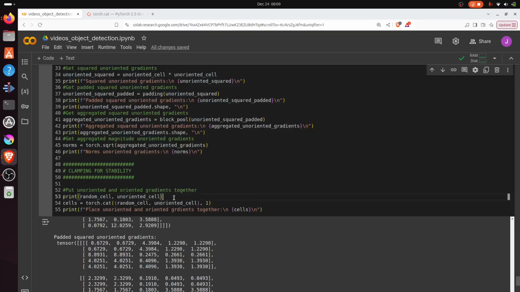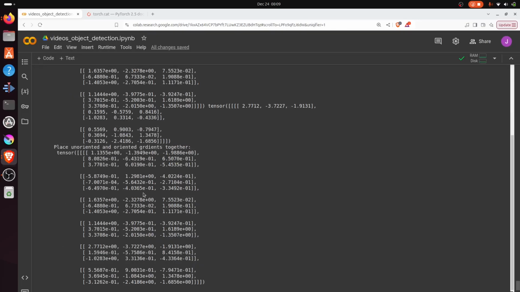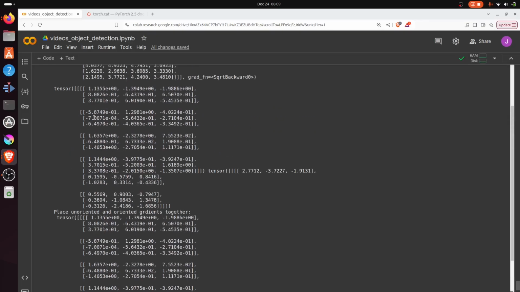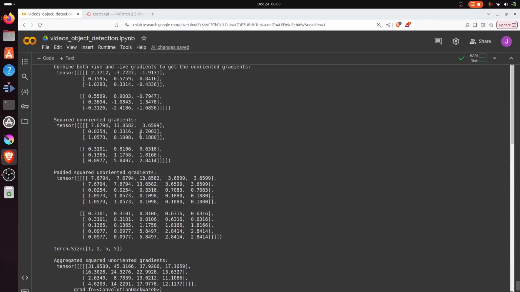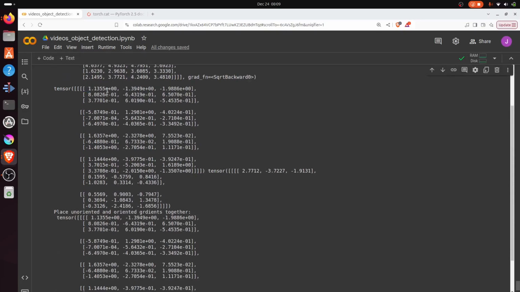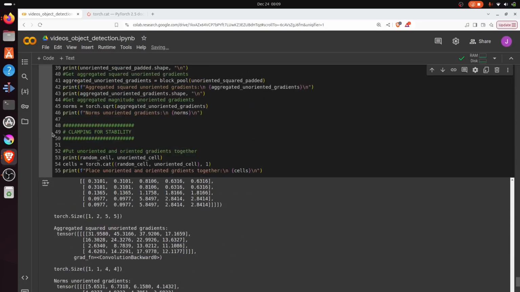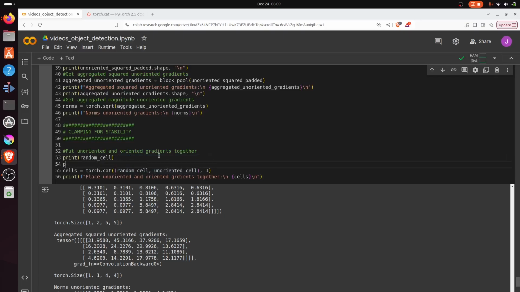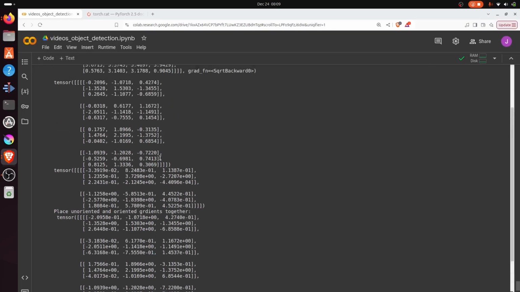Okay, so as you can see, remember that the numbers keep changing because we are dealing with a random tensor. So essentially we have these two, but let me actually, because that is a bit messy, place the unoriented cell in a new line. Fantastic.